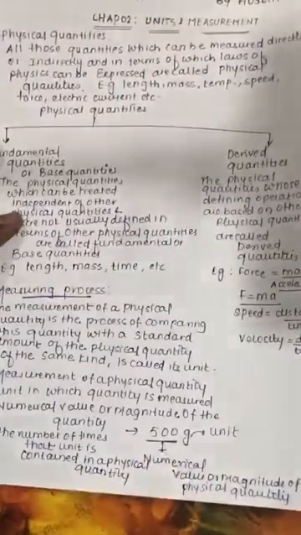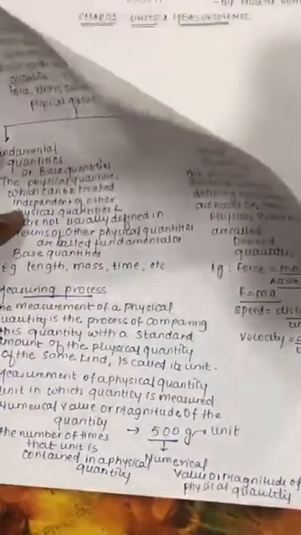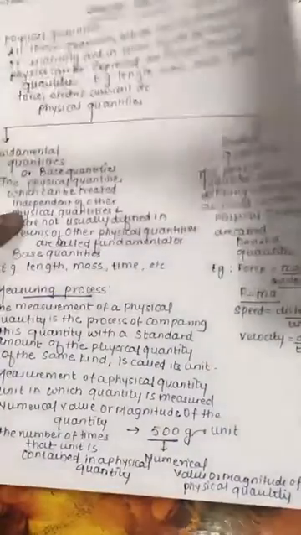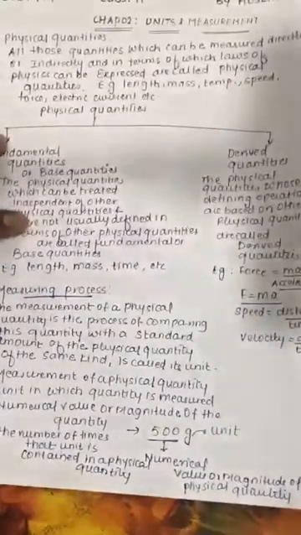From this example, since the gram unit is contained 500 times in that quantity, it weighs 500 grams. Clear?